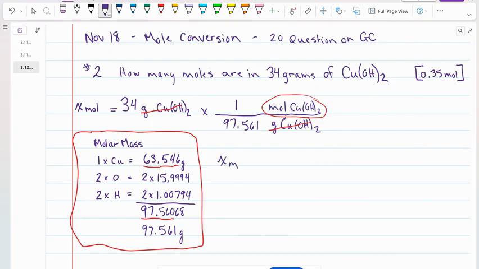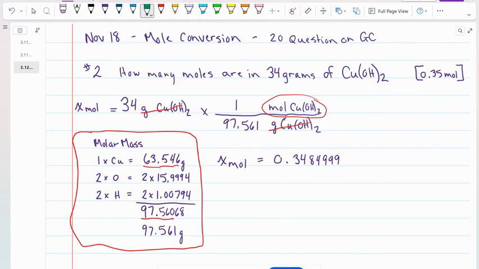I've got X moles is equal to, and when I do that calculation, I'm going to take 34 divided by 97.561, and I'm going to get 0.348499.